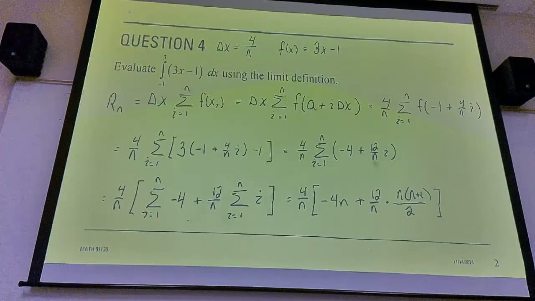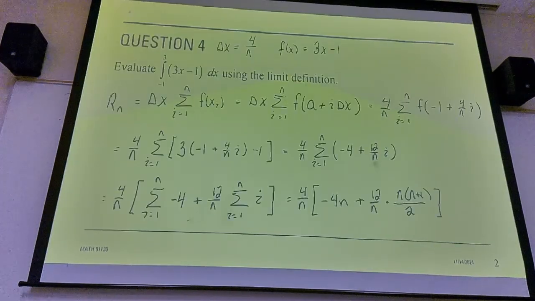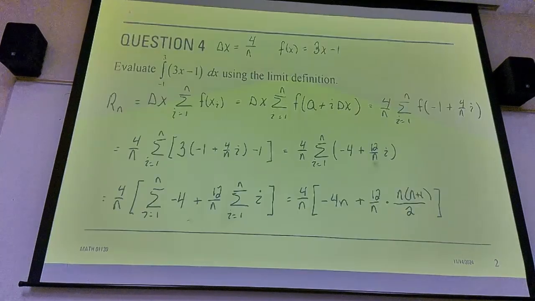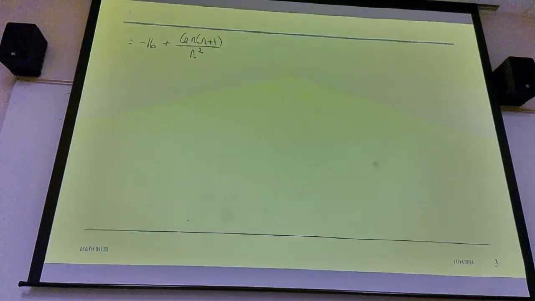Distribute that 4 over n through. Not 6, 24.